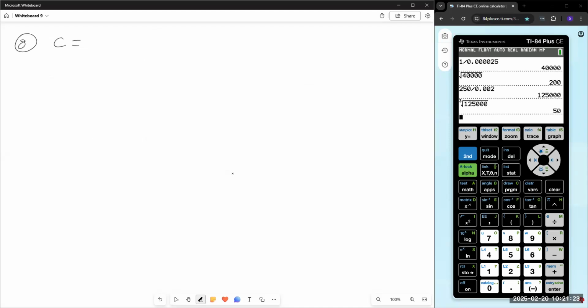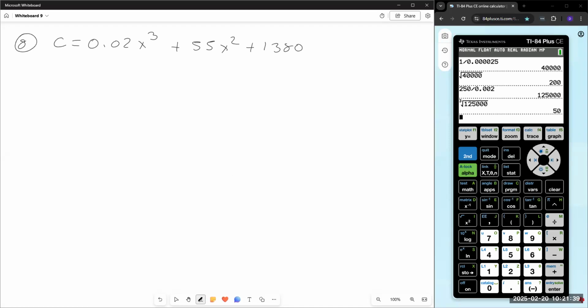C is equal to 0.02x to the third plus 55x squared plus 1,380.